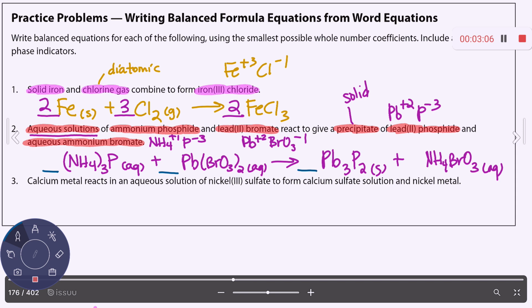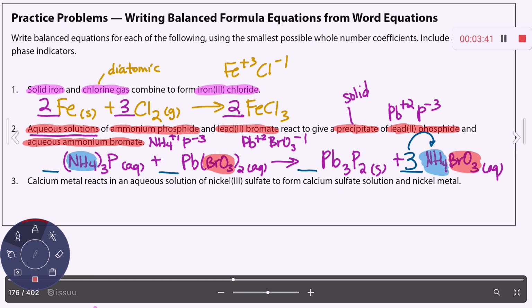This is not balanced. Okay, so I've got 3 NH4s in parentheses. So that means in order to balance the NH4, I'm going to put a 3 in front of it here. Then I've got this BrO3 in parentheses, which I have 2 of them. That creates a little bit of an issue over here because I've got 3 BrO3s over here.